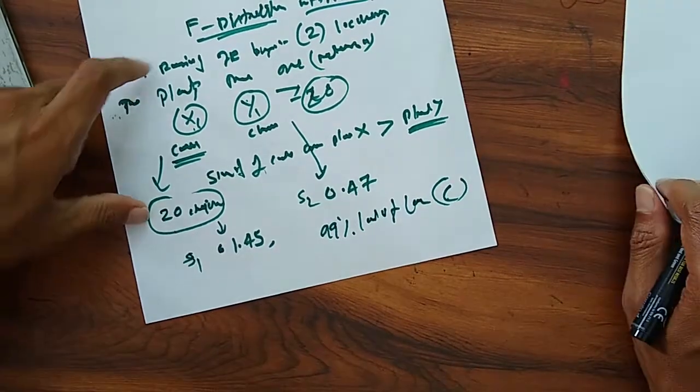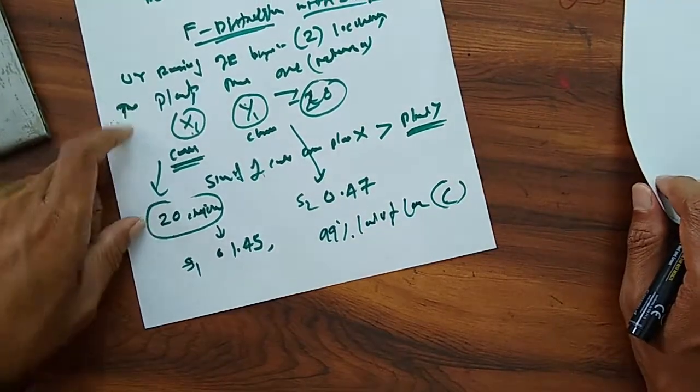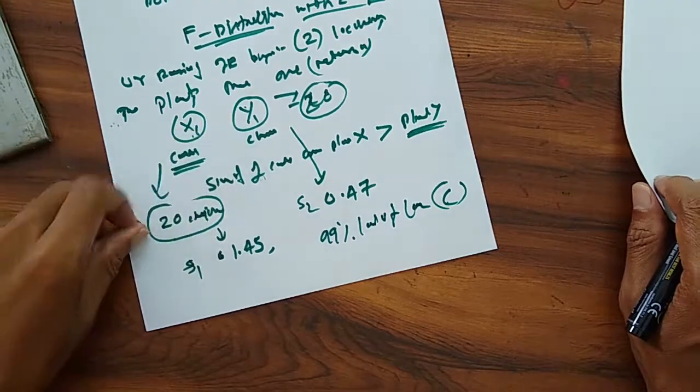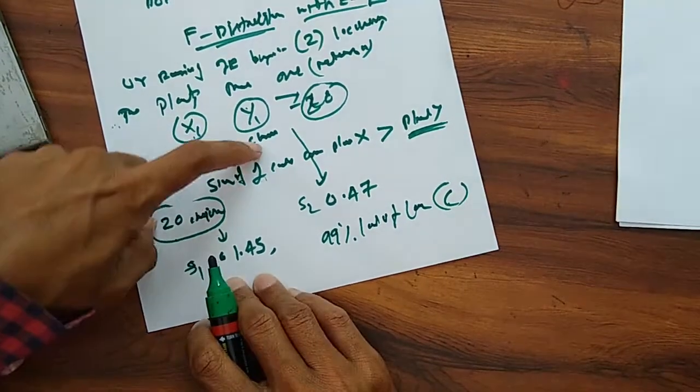Once again I will repeat. You are running one business in two locations, X and Y. You are producing cell phones.